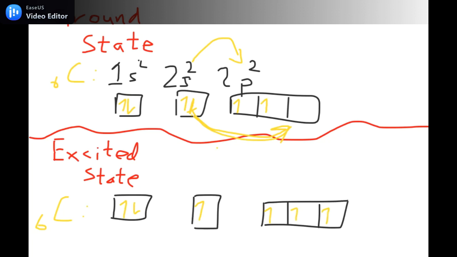Now, why does this happen? We know that there are two spins, the upward spin and the downward spin. The upward spin has a rotation that is anti-clockwise, and the downward spin has a rotation of clockwise. The upward spin has high energy, and the downward spin has low energy.